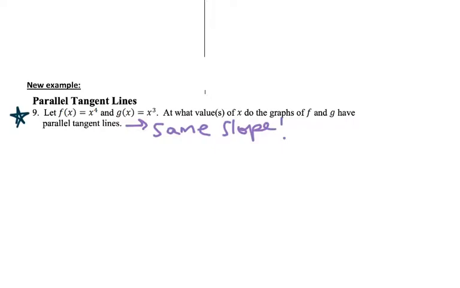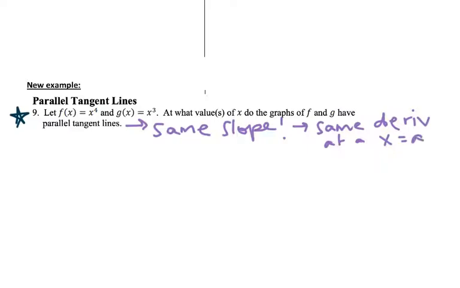So that means we're looking for the same derivative, at least at one point. Let me rewrite this. The same derivative at a given x value, and we'll just call it x equals a.